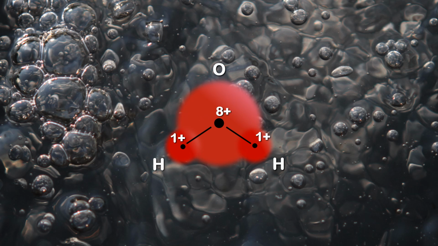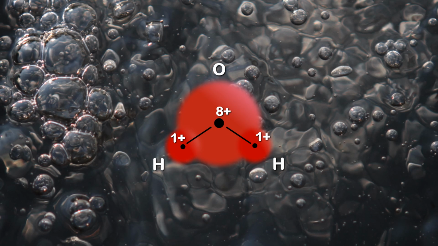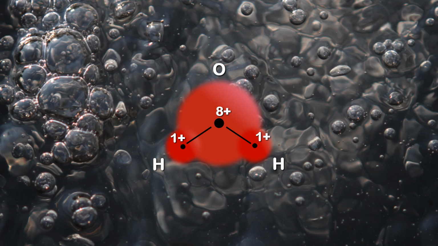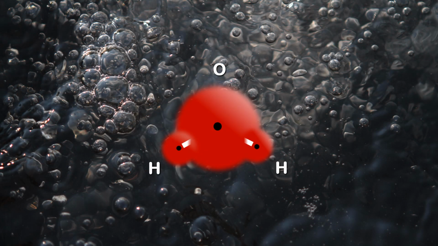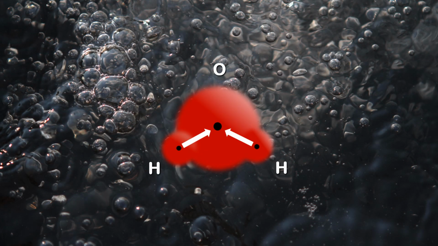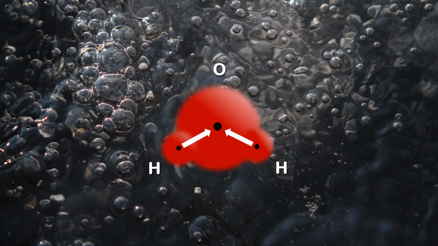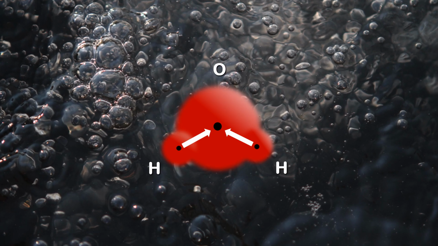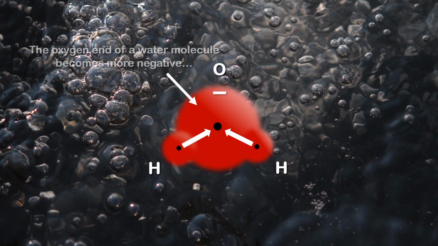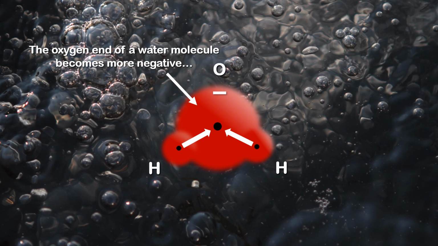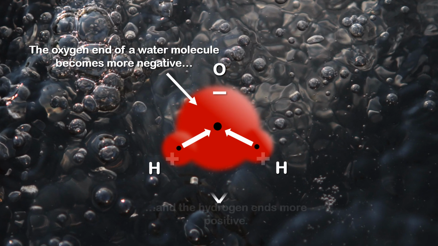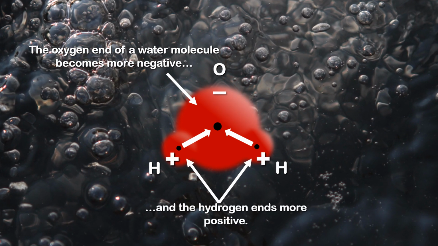This difference in attractive forces causes the oxygen atom to pull negative charge away from the hydrogen atoms. Movement of negative charge away from the hydrogens toward the more positive oxygen nucleus makes the oxygen end of a water molecule more negative and the hydrogen ends more positive.